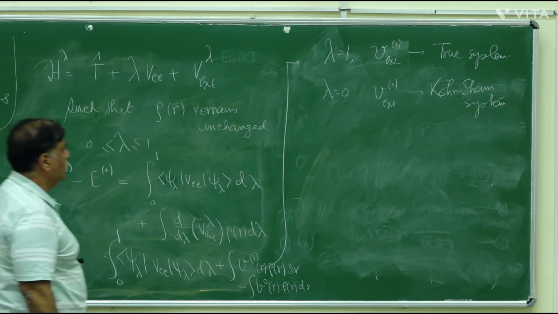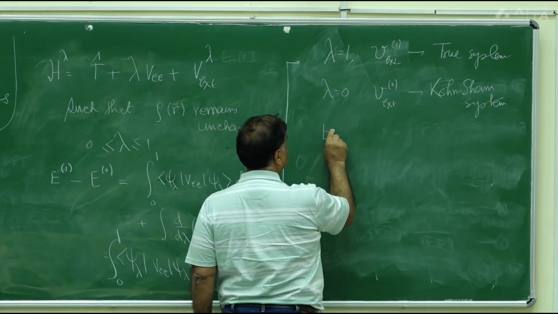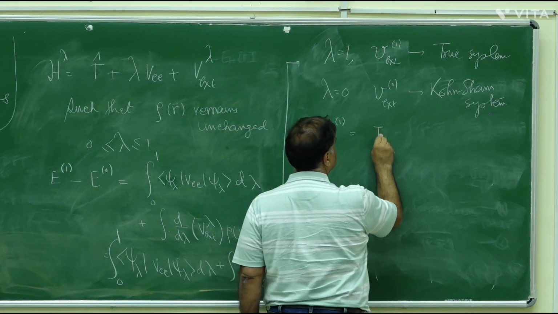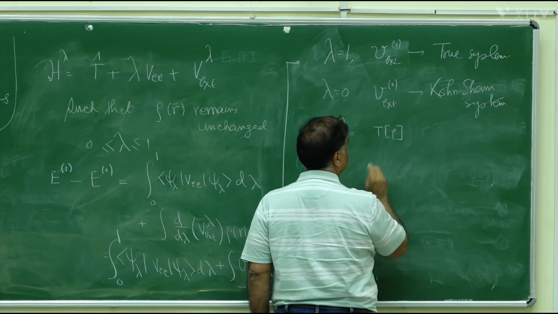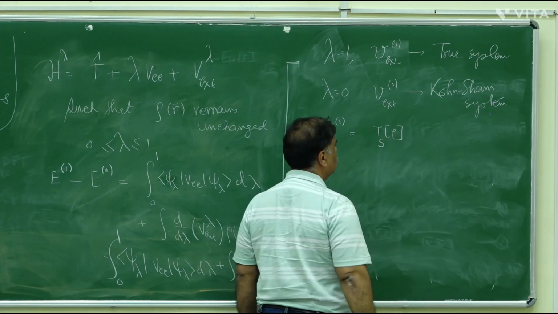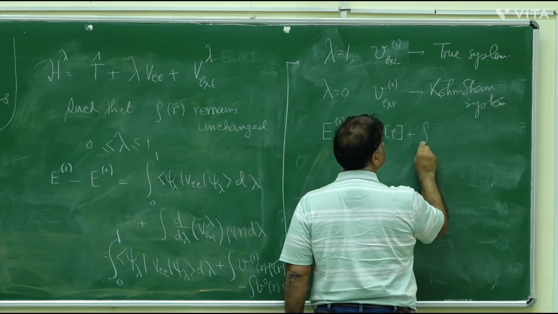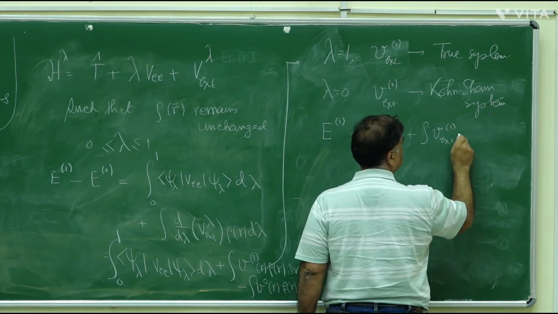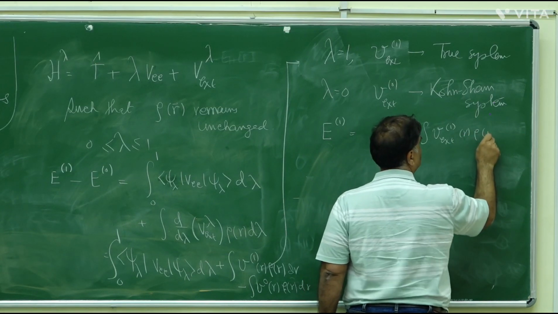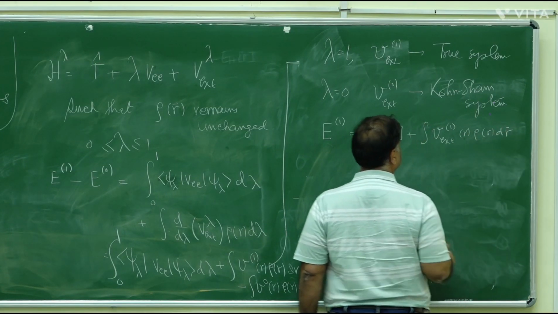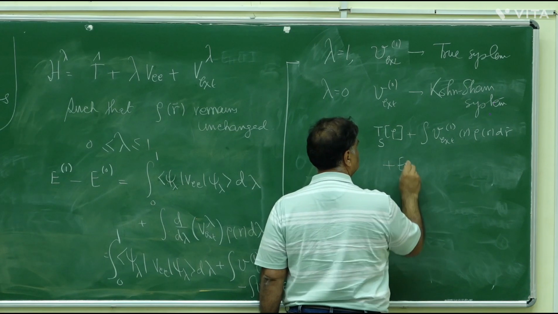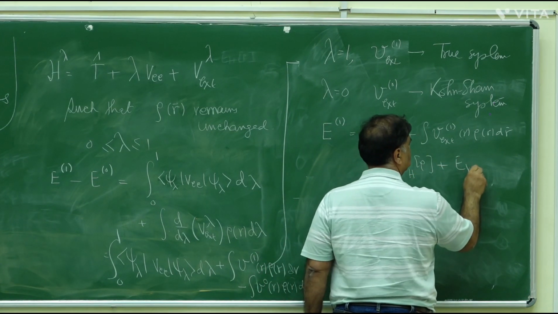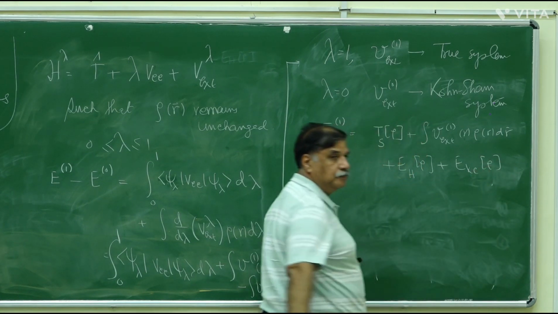Alright? And what is E1? E1 is T rho, or I can now write Ts rho plus integration V external 1 true system rho r dr plus E Hartree rho plus E exchange-correlation.